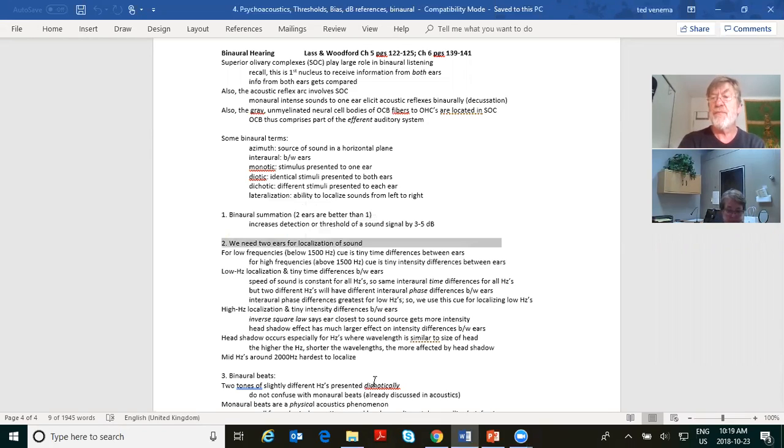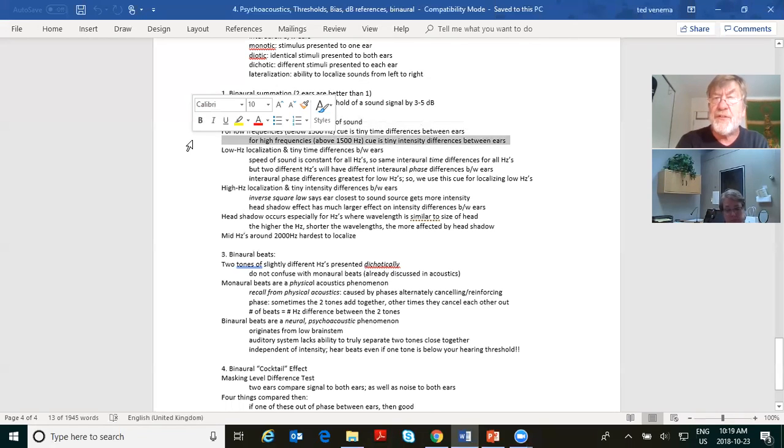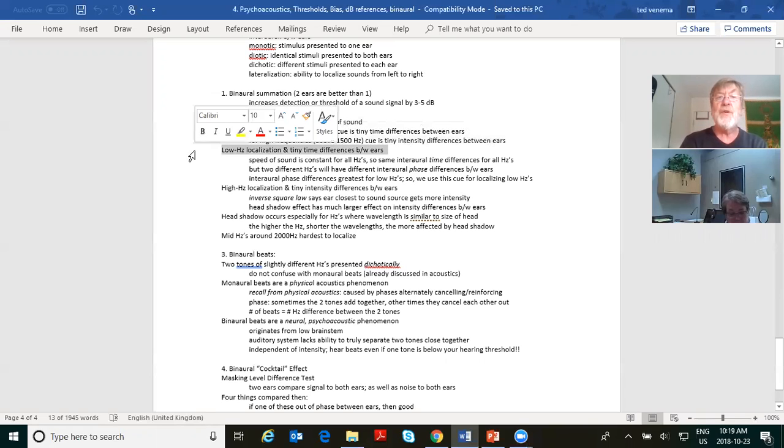Got the t-shirt. And when you're looking at number 3, here we go. Make sure you've got, for low frequencies, the cue is tiny time differences. For high frequency, the cue is tiny intensity differences. Low frequency localization and the time differences between the ears, you can always read that because we've covered it already.